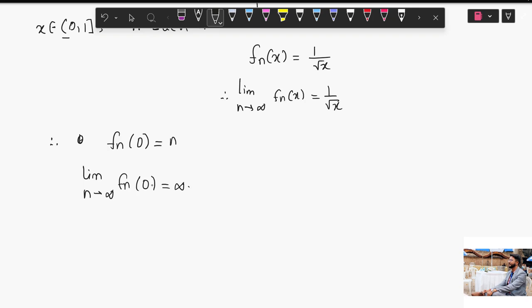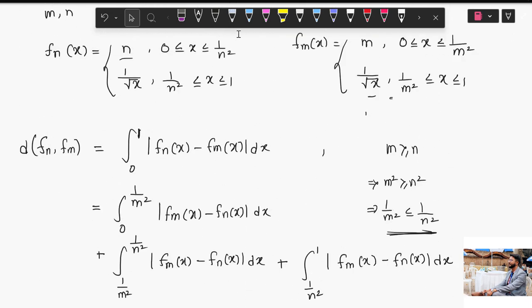So its pointwise limit is not defined, or we can say that this sequence is not convergent, although this sequence is Cauchy. We know that in a metric space, if a sequence is Cauchy but not convergent, then the metric space is not complete, right?